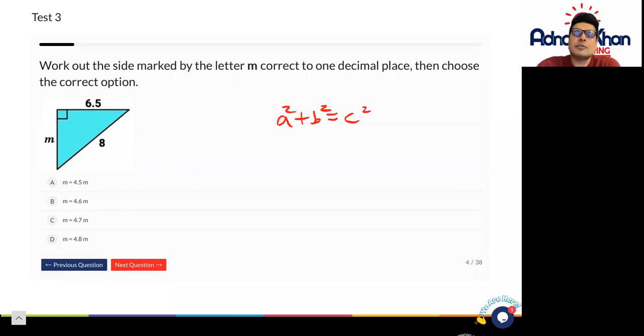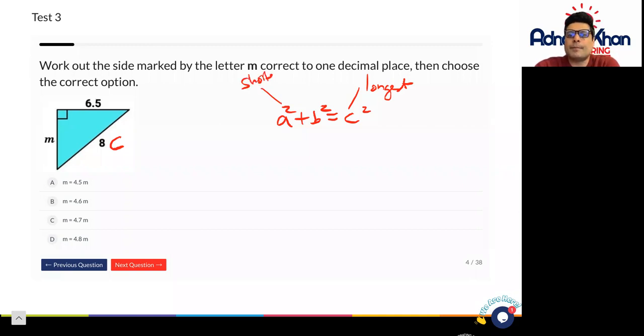Now, we always have to, first of all, label the sides of the triangle. In this case, we're working out M. So the longest side of the triangle is what we call the C side, so this is going to be C, where 8 is. A is usually opposite the angle, or the shorter side.